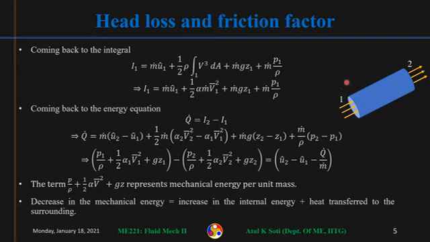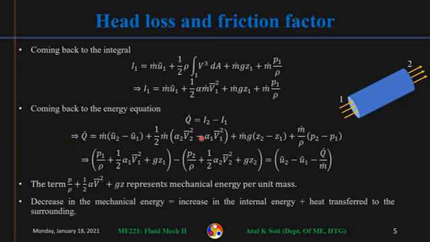Alpha 2 and alpha 1 could be different at different sections of the pipe, because we have not assumed that the area is the same. Although it looks like that in the figure, in the pipe the area may change, so we have not considered till now that it is the same. Then m dot g times z2 minus z1, and m dot by rho times P2 minus P1.